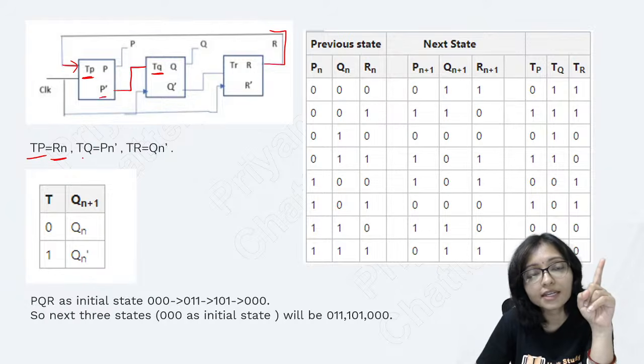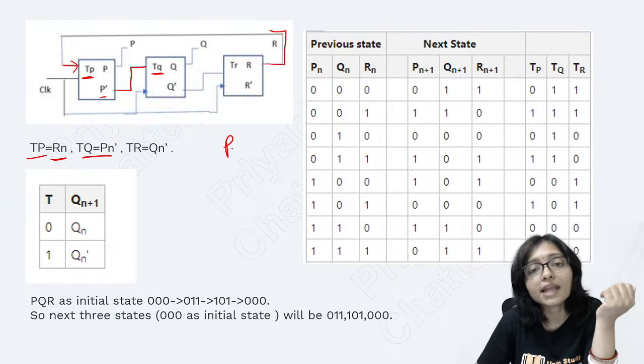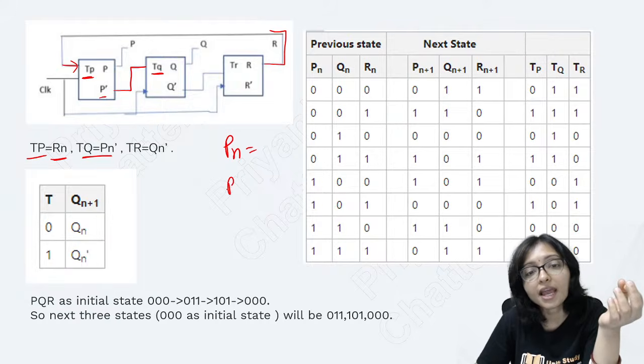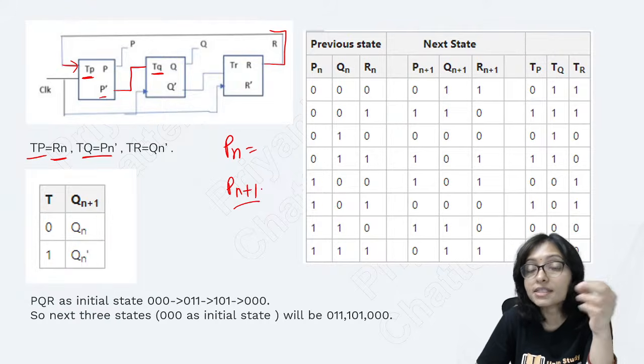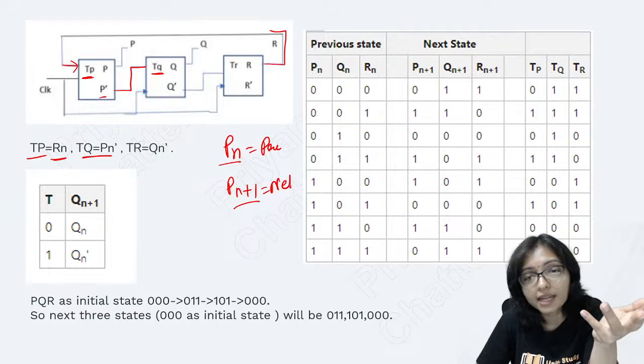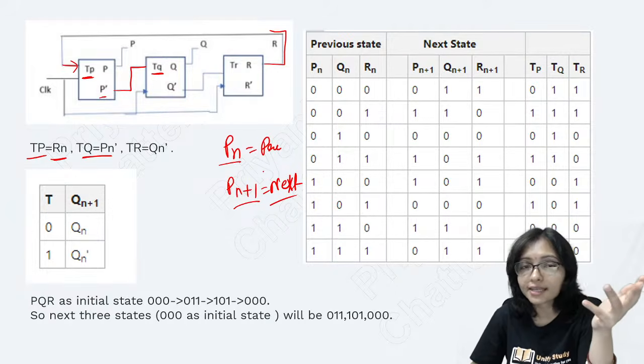That's why TQ is Pn bar. We are writing Pn to mean the previous state, and Pn plus 1 the next state, because a flip-flop works with the previous state and the next state only.